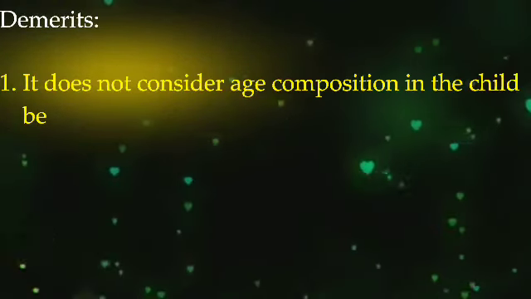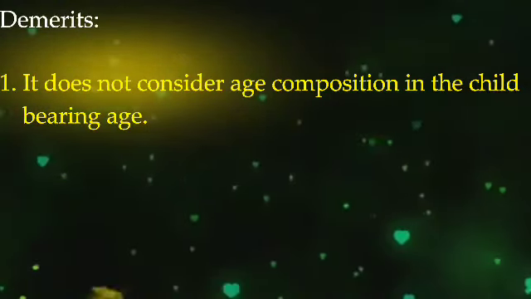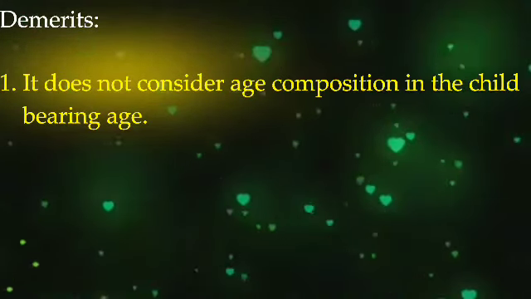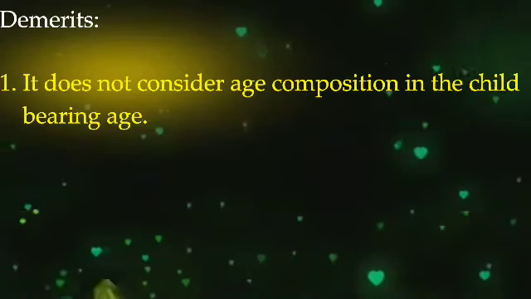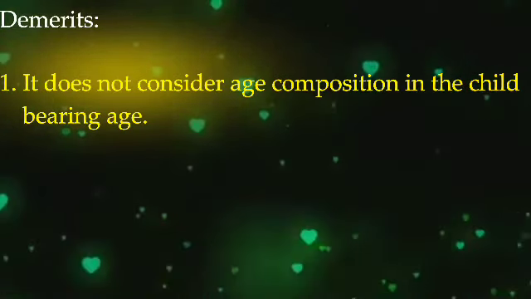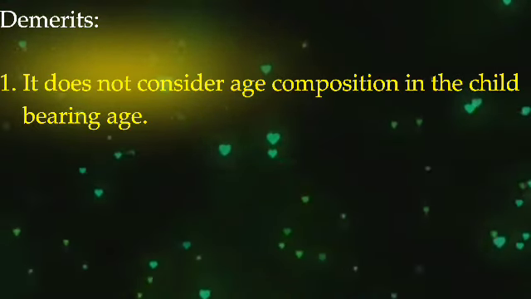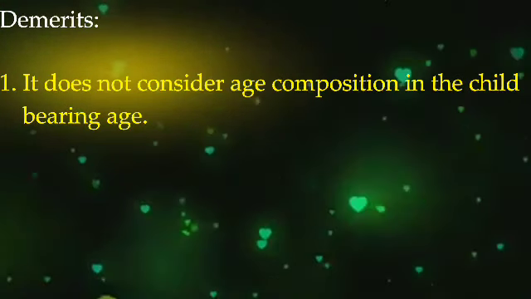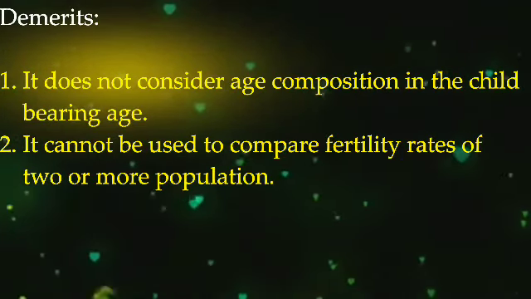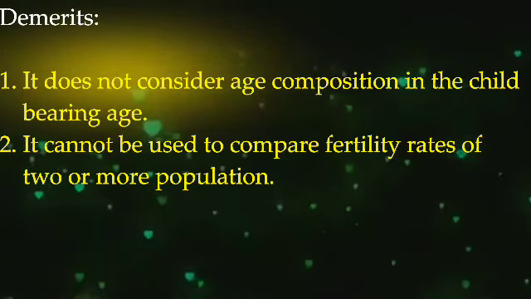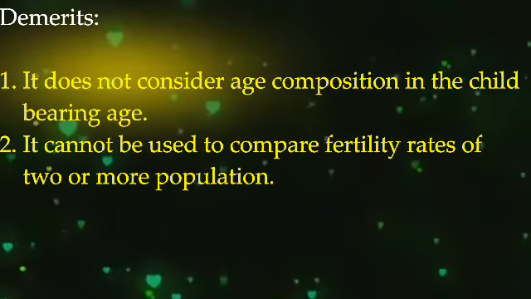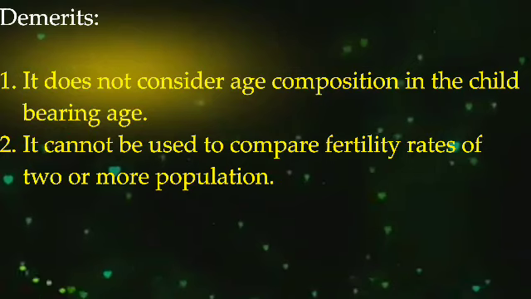Demerits. It does not consider age composition within the childbearing age, meaning the data is considered only for the childbearing age group, that is 15 to 49, and not for any other age group. It cannot be used to compare fertility rates of two or more populations; it is used to find the fertility rate of a single population.